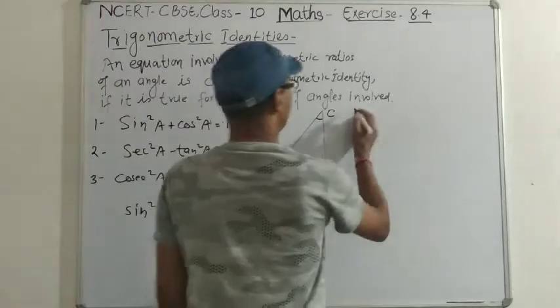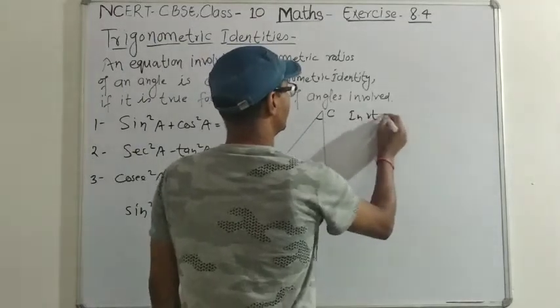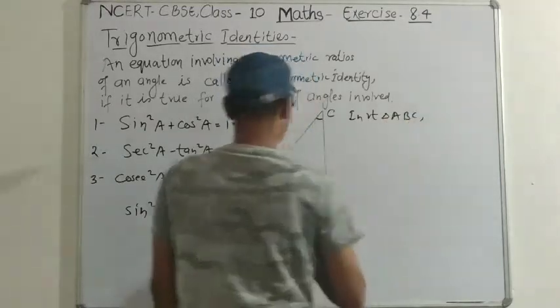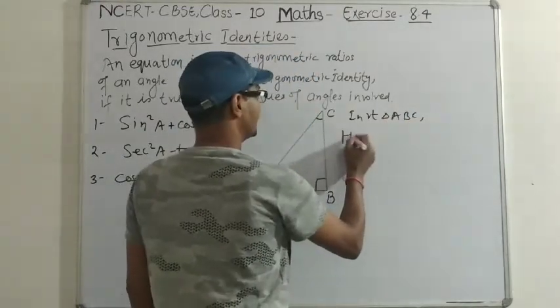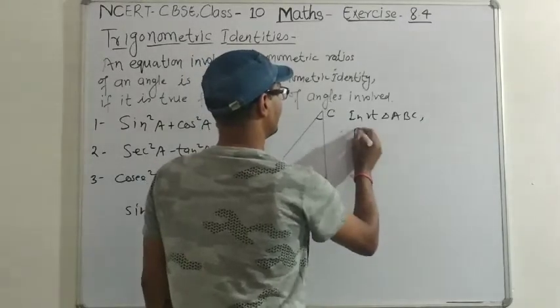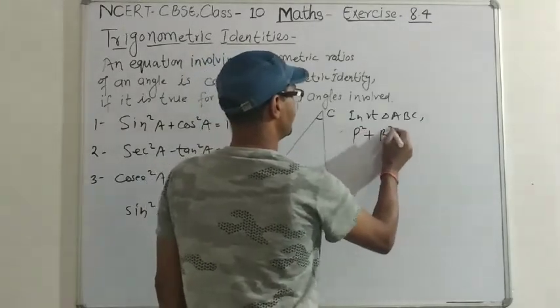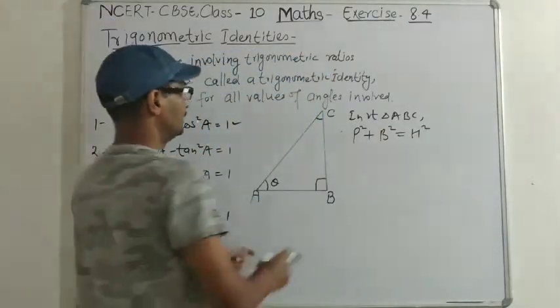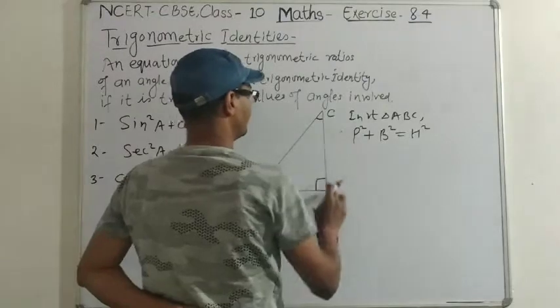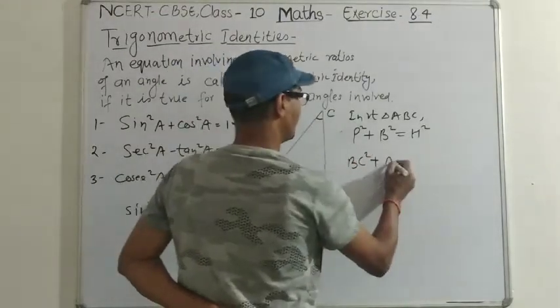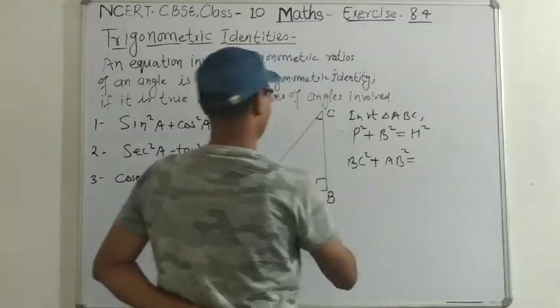So in right triangle ABC, by the Pythagoras theorem, perpendicular square plus base square is equal to hypotenuse square. Here perpendicular is BC square, base is AB square, and hypotenuse is AC square.